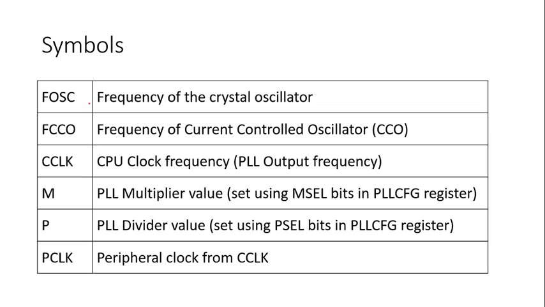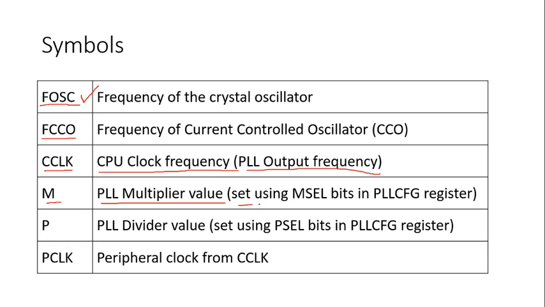Next, some required things we will discuss. One is F oscillator. This is the frequency of the crystal oscillator. Second is FCCO, the frequency of the current controlled oscillator. Third is CCLK. CCLK is nothing but the CPU clock frequency or PLL output frequency. The next one is M, that is the PLL multiplier value.